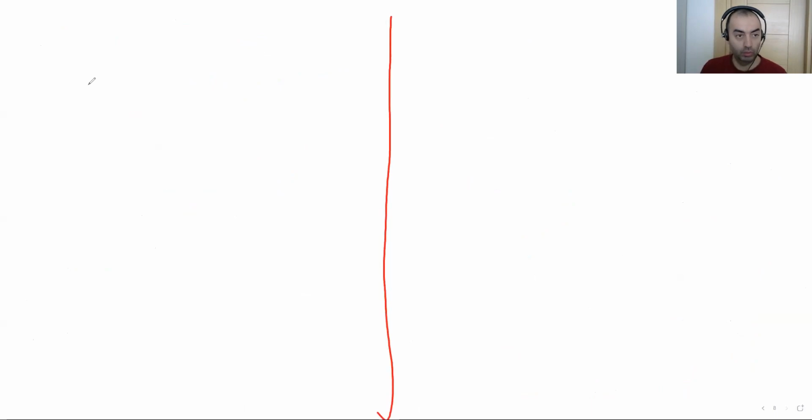Here again, we have 2 points. We have 2 corners like this, and we connect these 2 corners with a cable.